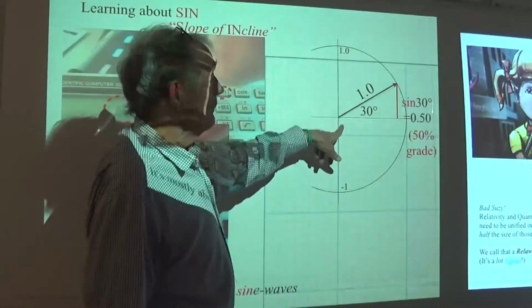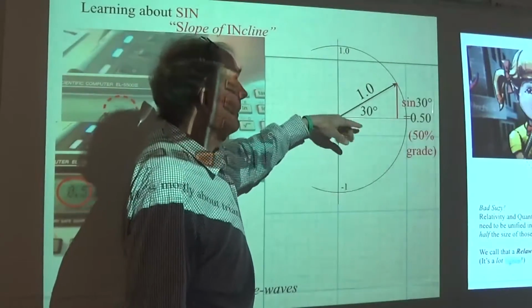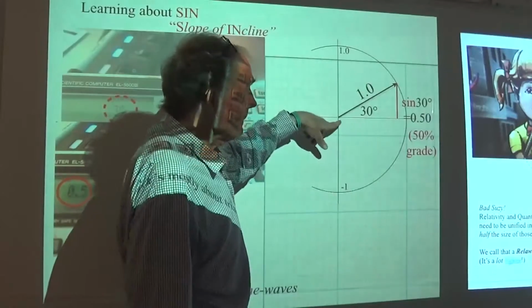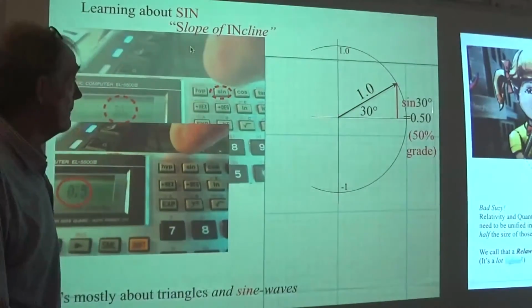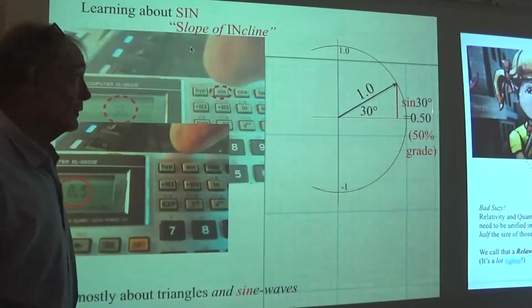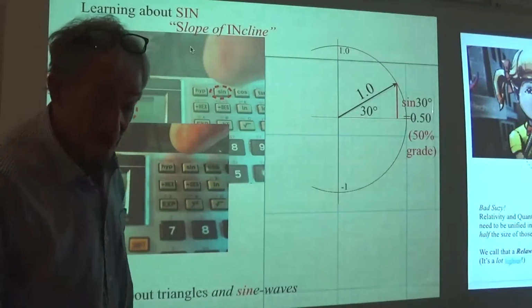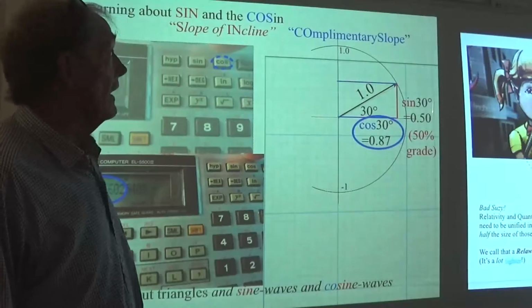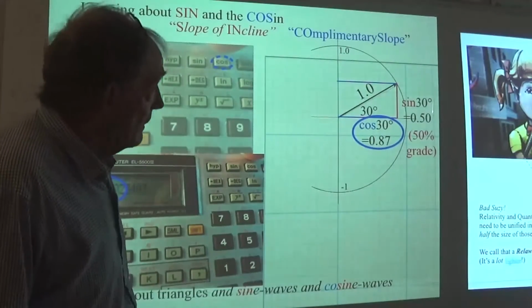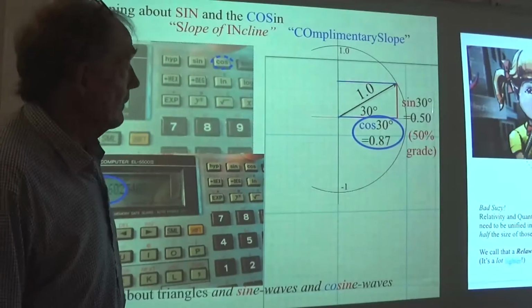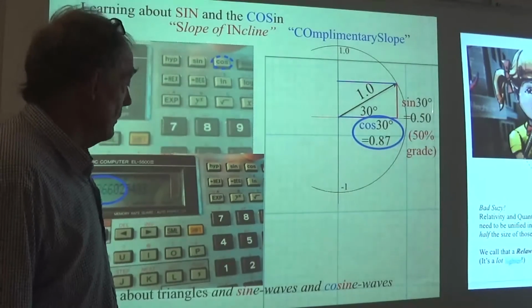That is, the ratio of how much altitude you gain for a distance that you travel along. And it's so easy now to not have to look at a table. You push a button to get the numbers that go with that. And then there's another button right next to it usually. There's the complementary slope, and the cosine is part of our thing.